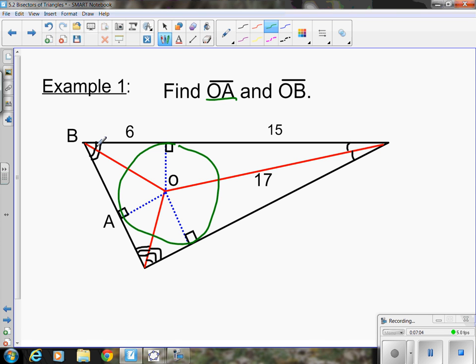So the first thing, instead of finding this segment, I'm going to find this segment by using the Pythagorean theorem. I have a right triangle with sides of 15 and 17. I'm going to use the Pythagorean theorem, a squared plus b squared equals c squared.